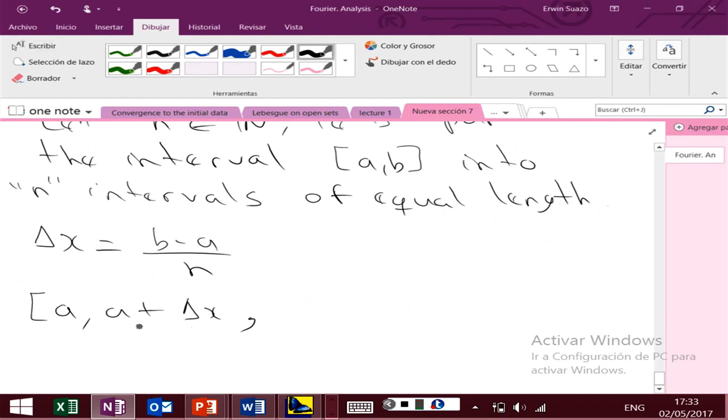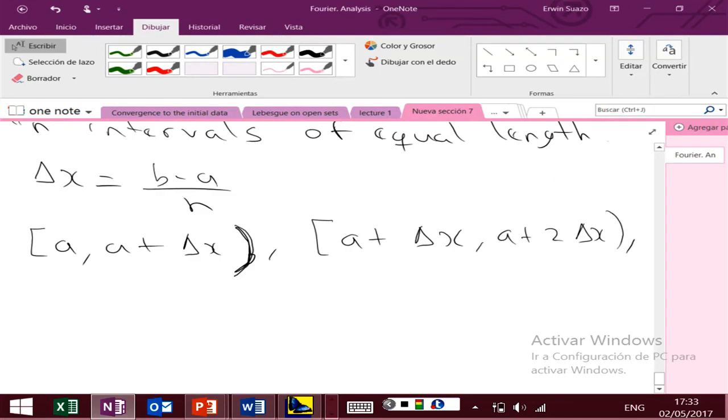So my first interval is this one. My next interval is from a plus delta x to a plus 2 delta x. Then for the next intervals I take closed, open, closed, open, so that in this way I finish open on b.